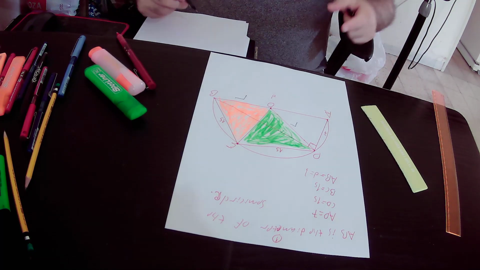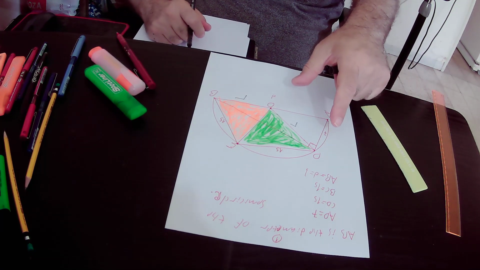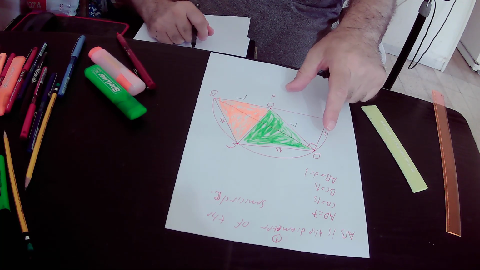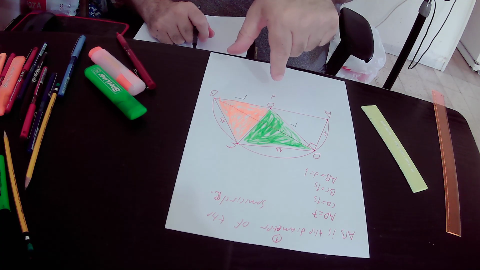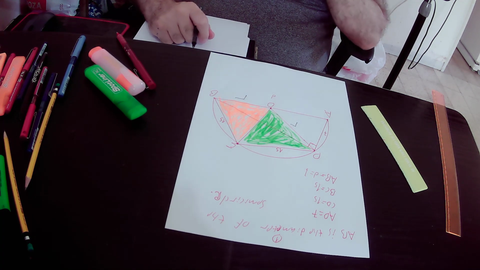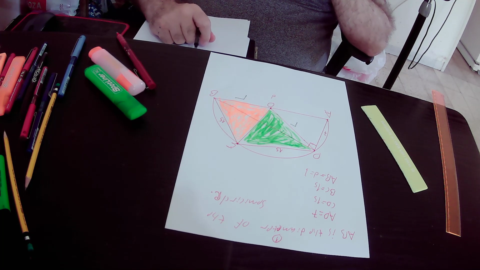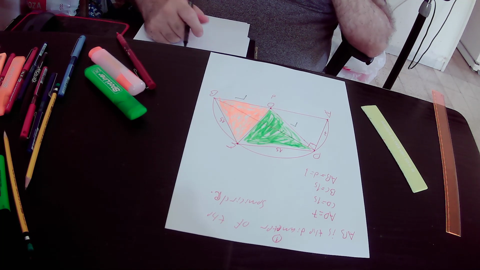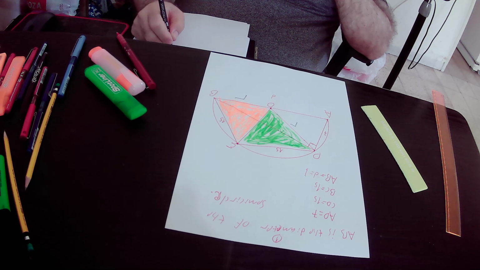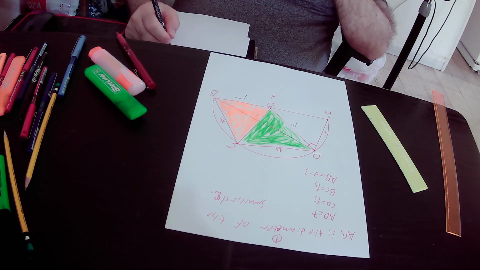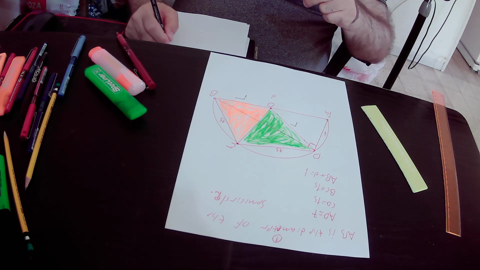Okay, so side OD of the green triangle equals side OB of the orange triangle. Both of those two sides are equal to the radius of the semicircle, so OD equals OB.